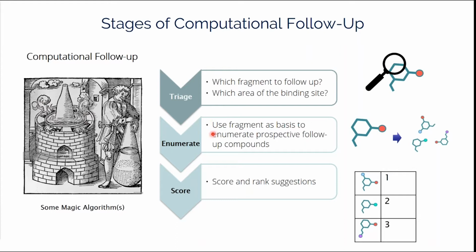The next steps involve using the most promising fragments as a basis to suggest and enumerate follow-up compounds, followed by an assessment or scoring of how likely these are to bind to the target protein. Docking is an often used way to do this, but traditionally used scoring functions are not usually parameterized for fragment-sized molecules, so computational methods that are specifically geared towards fragments are needed.